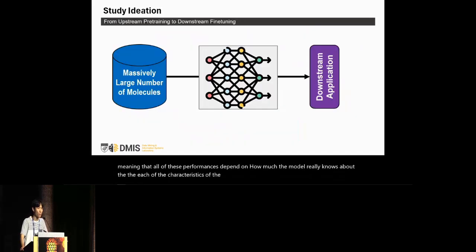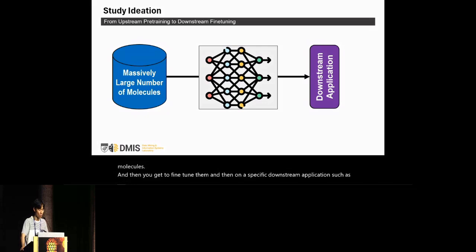One straightforward approach to improve the performance of these tasks is to exploit pre-training. You start by pre-training some kind of foundational backbone on a massively large number of molecules, and then fine-tune it on a specific downstream application, such as property prediction or molecule generation.